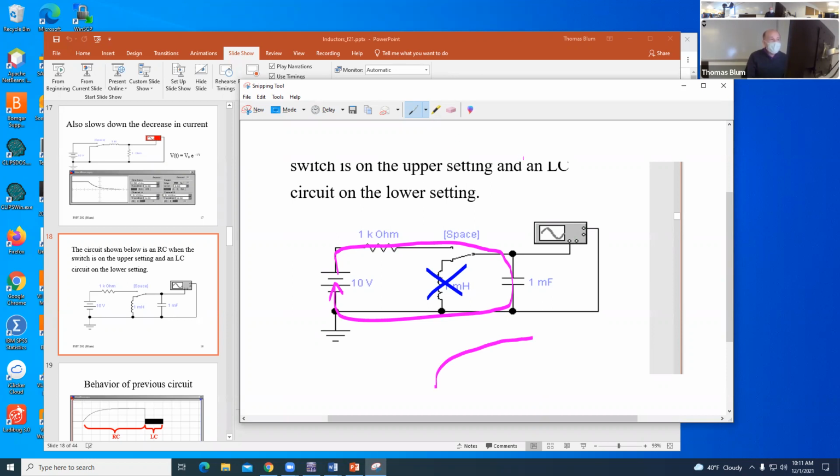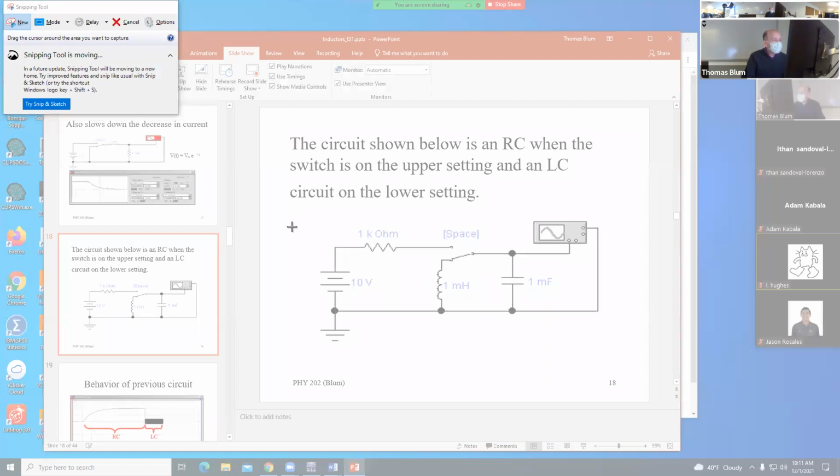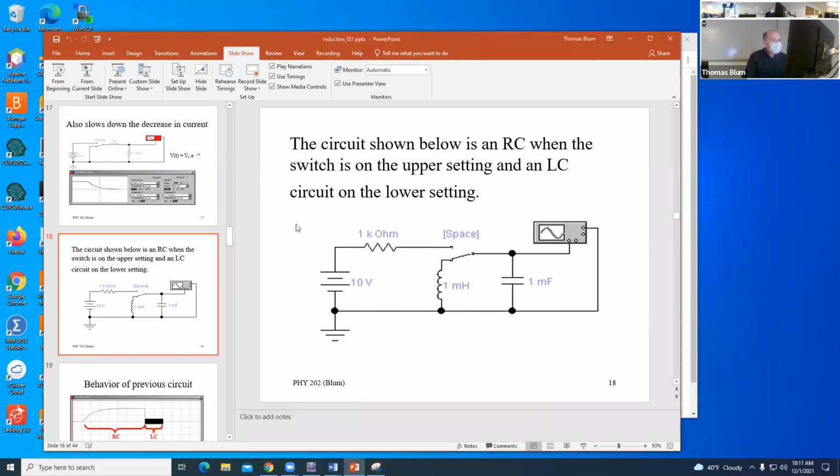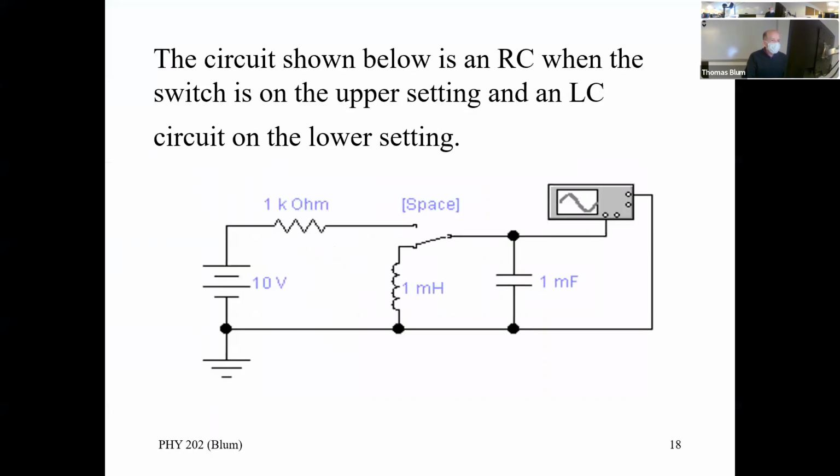Then when we're going down, the battery is not involved. And here's the circuit. So that's the circuit that we have to understand now.